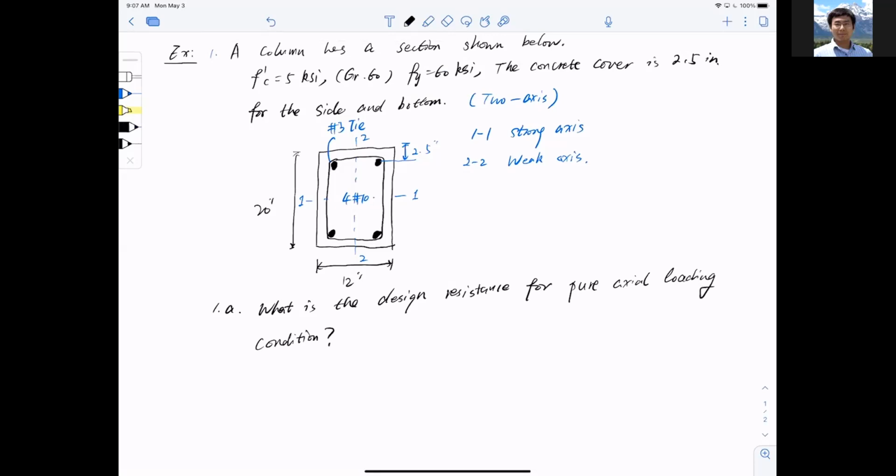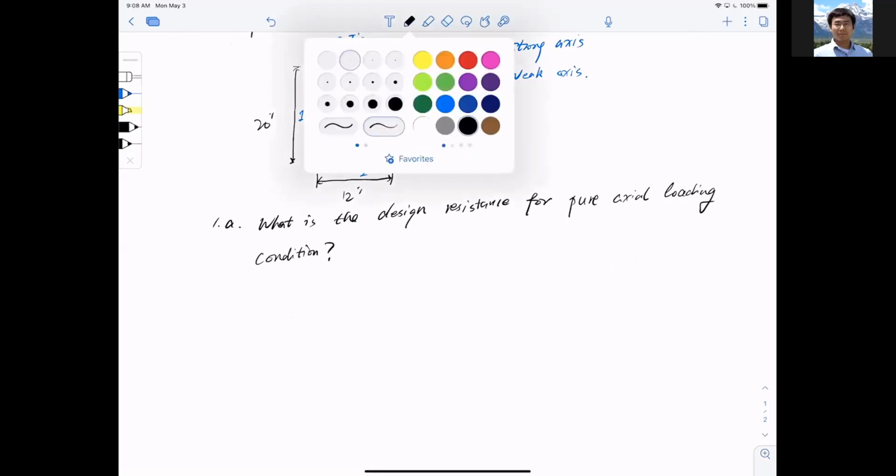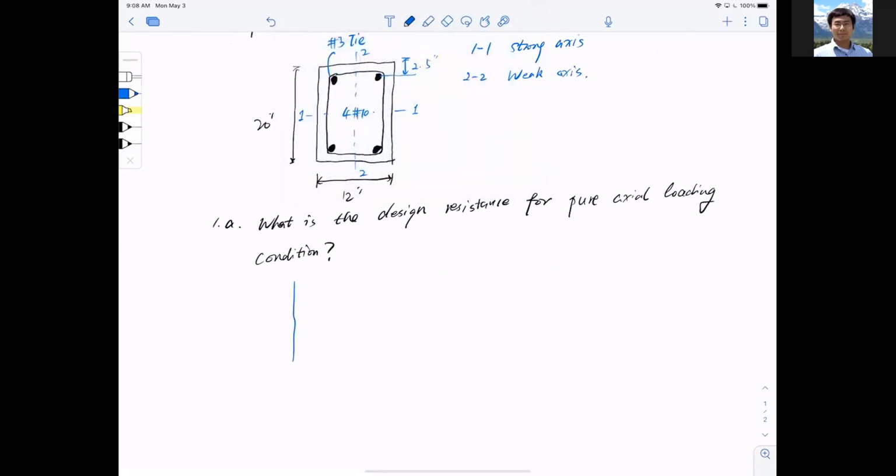Now, what does pure axial loading mean? This is me contemplating, pretending I'm the student taking the exam. This is axial force, and this is bending moment. To recall what we talked about last time, this is the curve, and axial loading is right here, P naught. You saw the words design resistance, so we're not looking for just P naught.